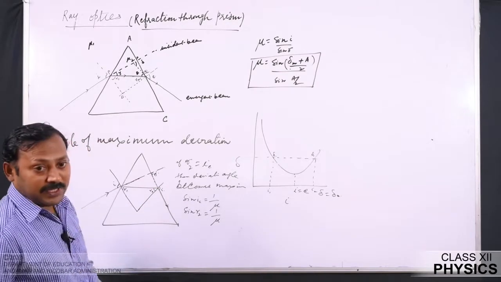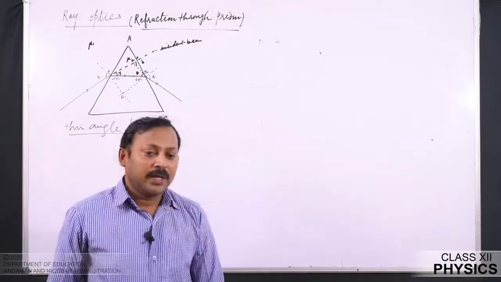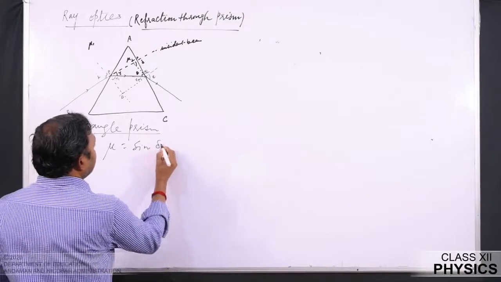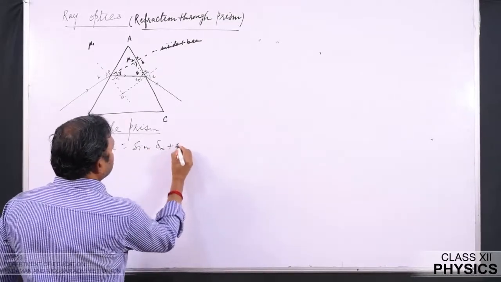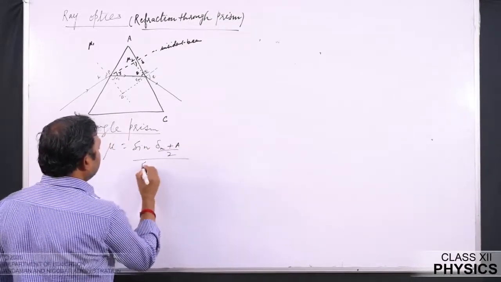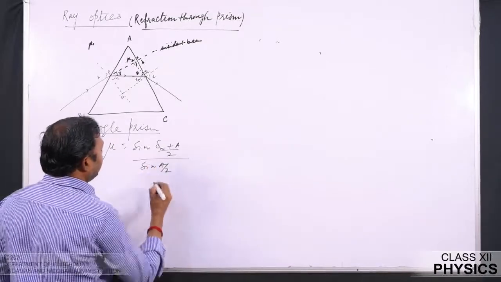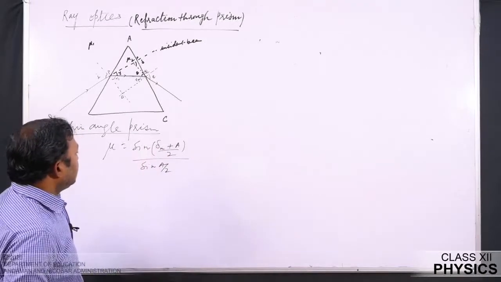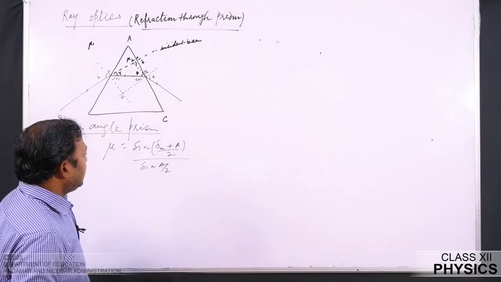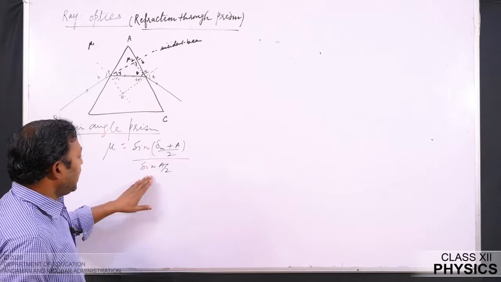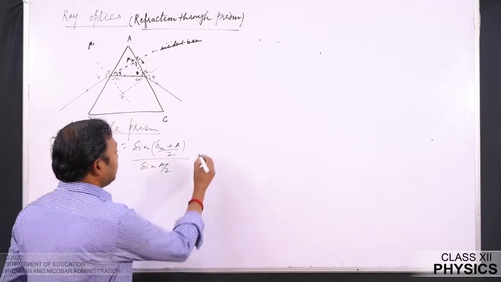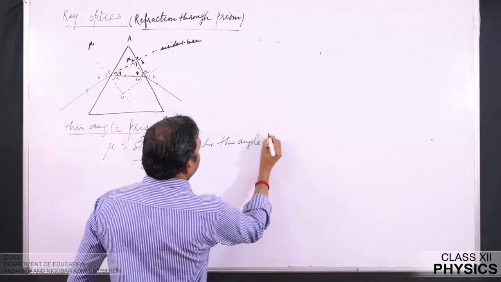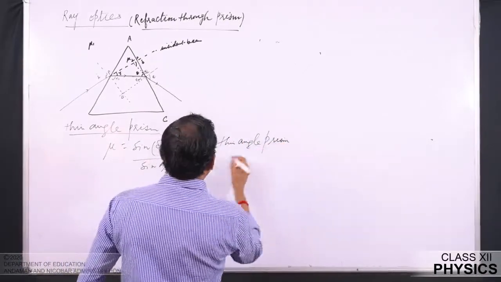Now, next we will see the thin angle prism. Here we have the formula mu equal to sin of (dm plus A) divided by 2 divided by sin A by 2. For thin angle prism, we can write sin of (dm plus A) by 2 as (dm plus A) by 2, similarly sin A by 2 as A by 2.